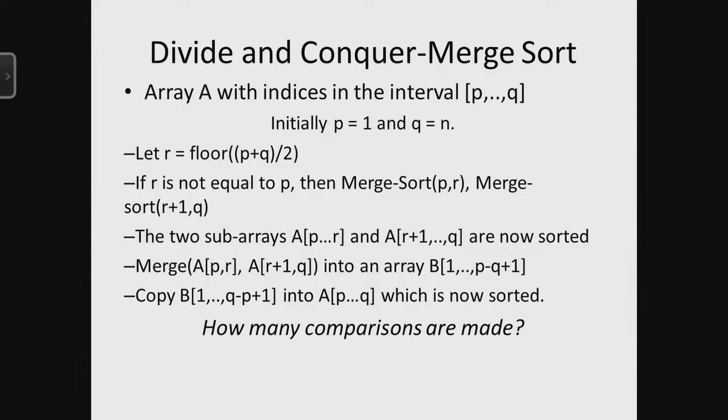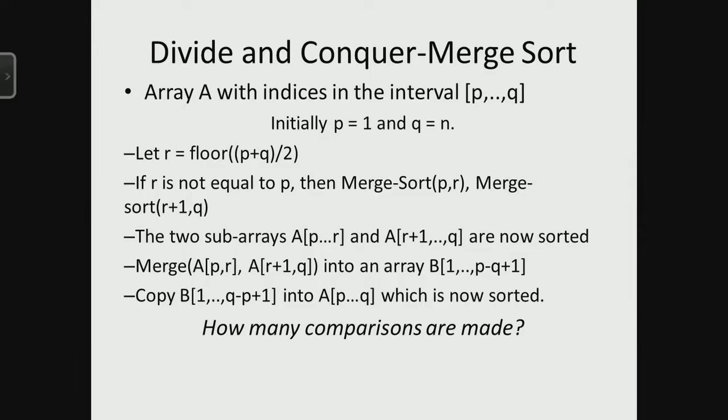Recall that in the last lecture, where we studied binary search, we encountered the divide and conquer paradigm. In that case we were searching for a particular element in a sorted array, and in every iteration the region of the array being searched became smaller by a factor of 2.